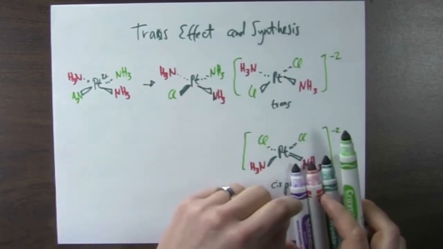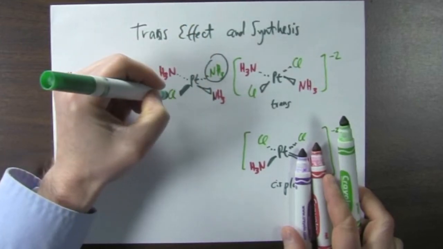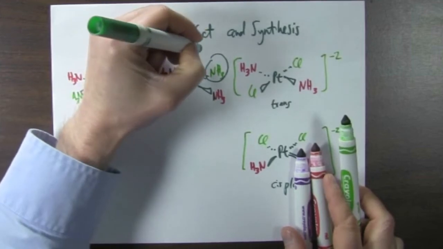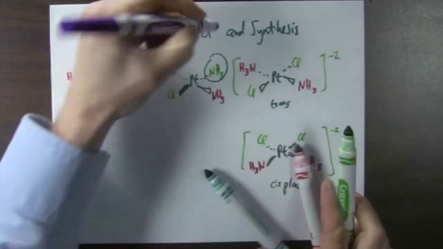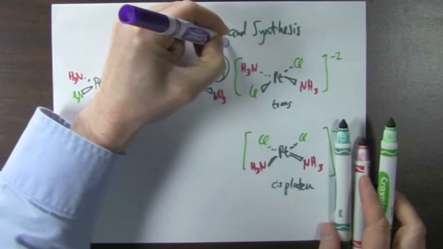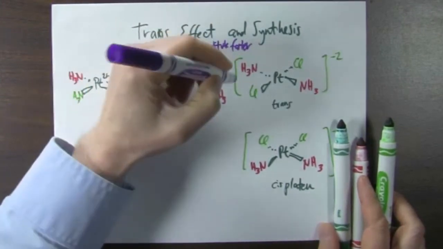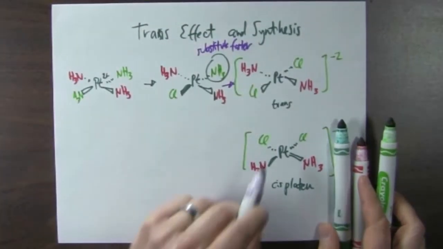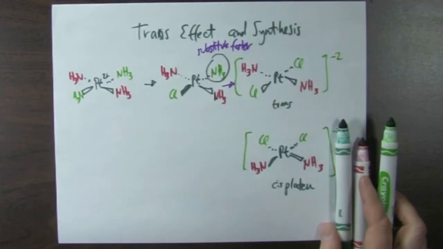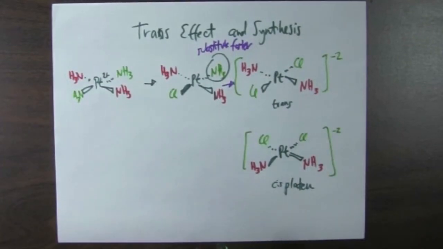So this ligand here, trans to the chloride, is more trans-directing and will substitute faster than the other three ligands. So when we add our second chloride, it will replace this ammonia and form the trans complex. So this synthetic scheme is not the way to go to get the desired cisplatin compound.